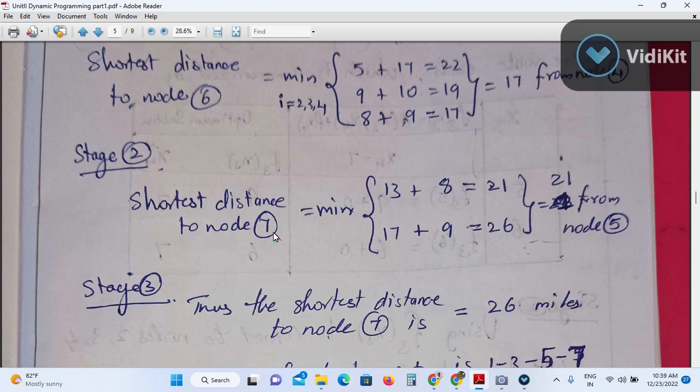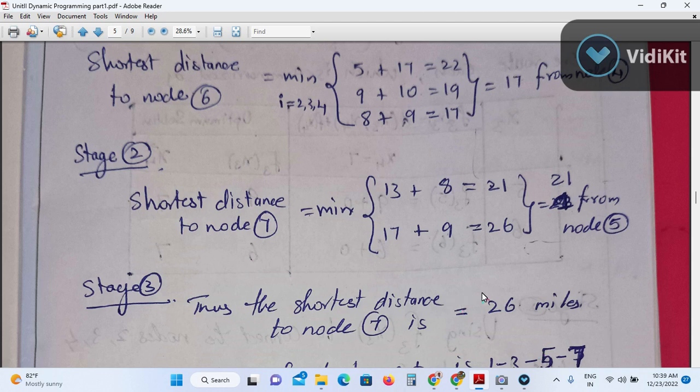Node 7 can be reached shortest only from node 5, not from 6. To reach 5 the shortest is through 3, not 2 or 4. And from 3 naturally you can go to the starting point.